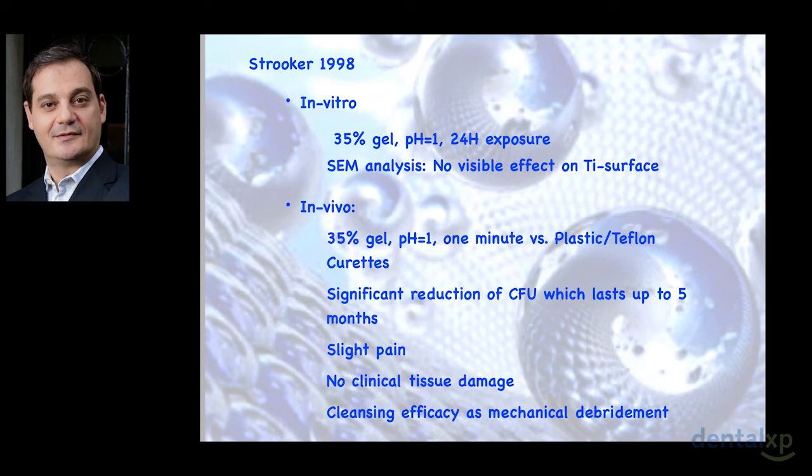They found that in vitro there was no damage to the titanium surface, and in vivo there was no clinical damage, with cleansing efficacy similar to mechanical debridement. There was some slight pain, but there was a significant reduction in the bacterial load when phosphoric acid was applied.